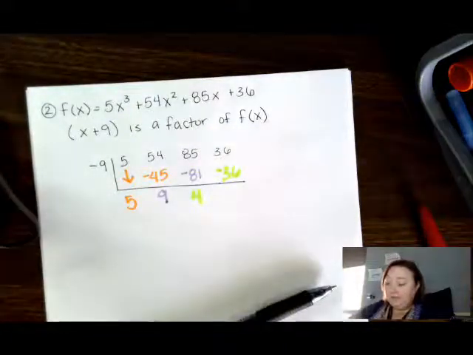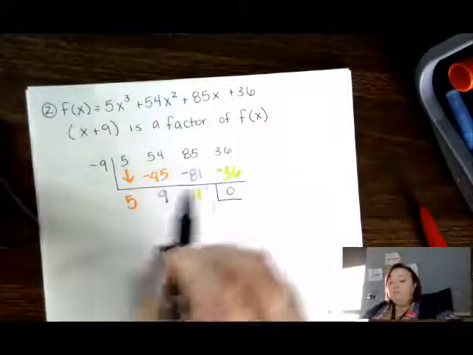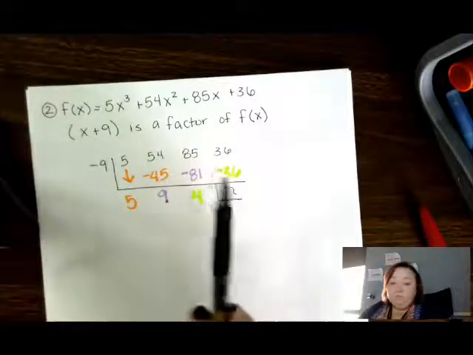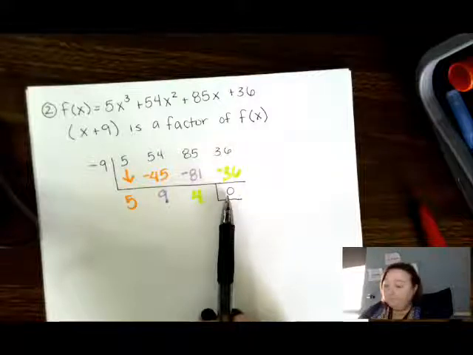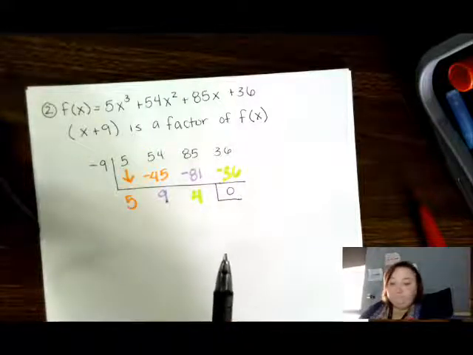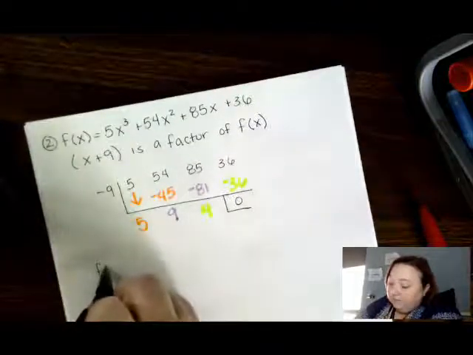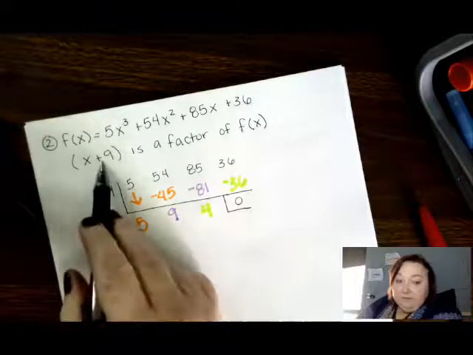And then again, we add and get 0, which makes sense, because if x plus 9 is a factor, that means there's no remainder. It's going to go into it evenly. Okay? So, I can rewrite f of x now as, so we've basically factored out x plus 9.